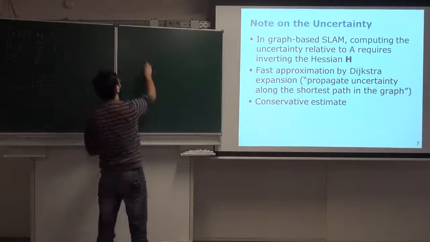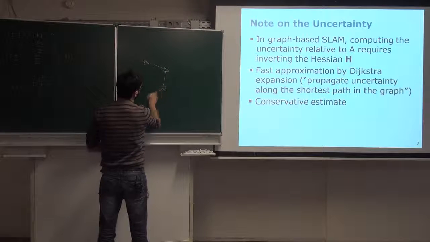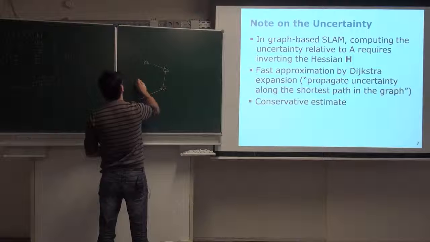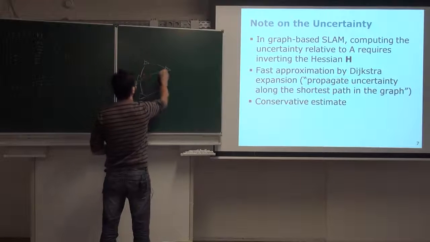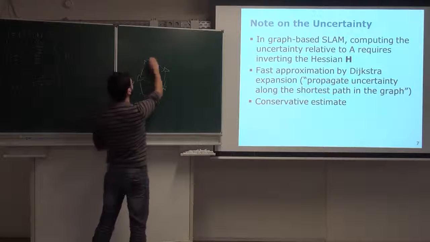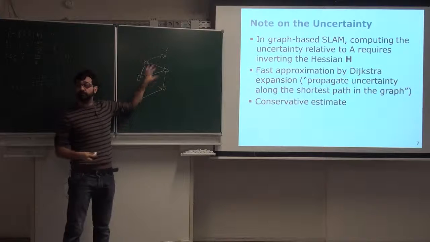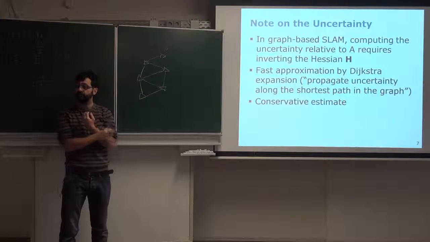So imagine I have now a graph like this with some information in there. And the robot now is moving around and is here and is asking where do I want to match, which one do I have to consider?